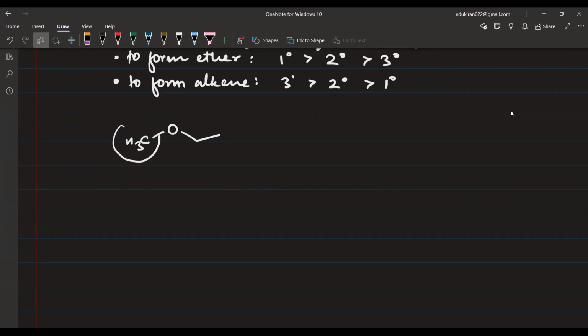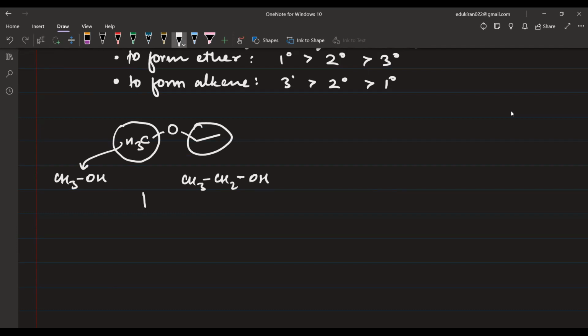For the methyl group, I need CH3OH, and for the ethyl group, I need CH3CH2OH. Then we react this with H plus at 413 Kelvin. We are expecting that CH3O and CH2CH3 will be formed from both of these molecules.